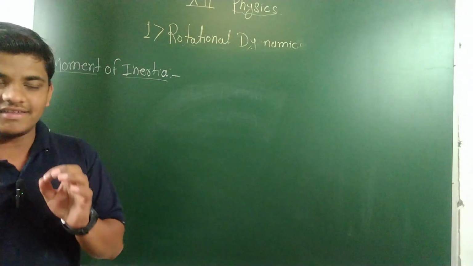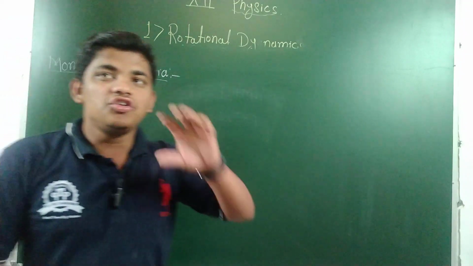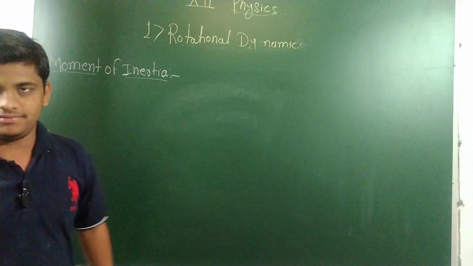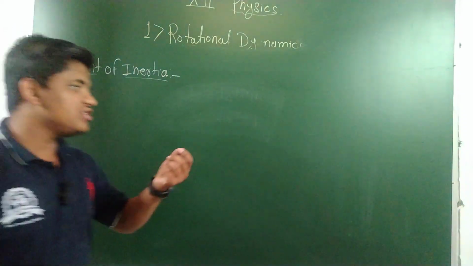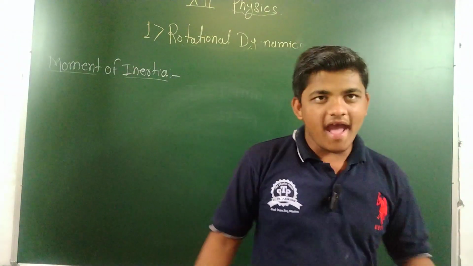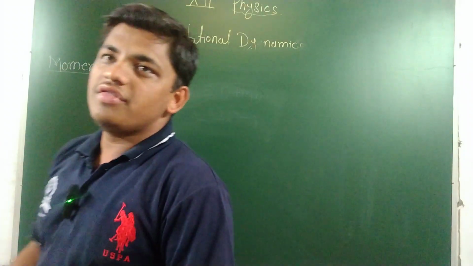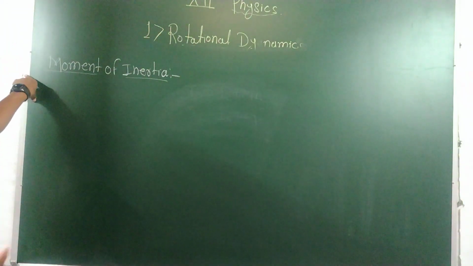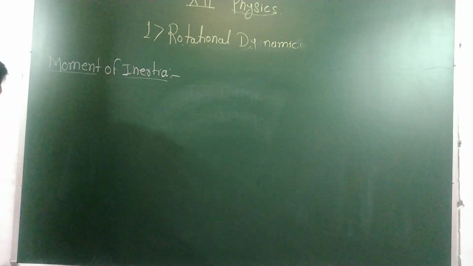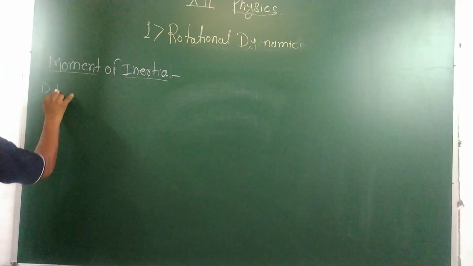In these lectures, we discuss the moment of inertia of the uniform rod about the axes passing through the center of the object and passing through one end of that rod. These are the two applications we discuss in these lectures. Okay, the first one is a rod.